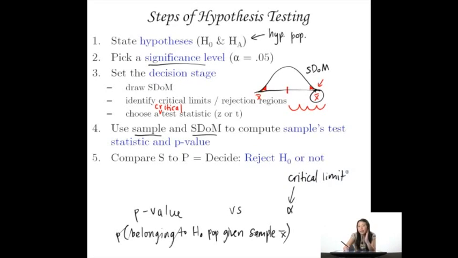This is what we're able to tolerate. We just said it, right? And alpha is often decided just by the scientific community. In fact, alpha is often set to something like 0.05 or 0.01 because that's commonly accepted in scientific communities. We call that just being by tradition or convention, right? It's not that we figured out the alpha level. On the other hand, we figure out the p-value given our sample X bar. And what we want is for the p-value to be lower than the critical limit.